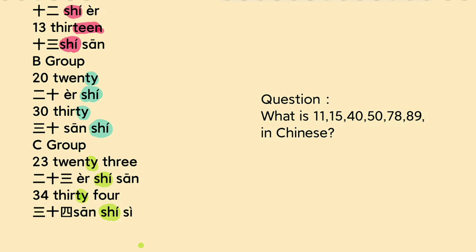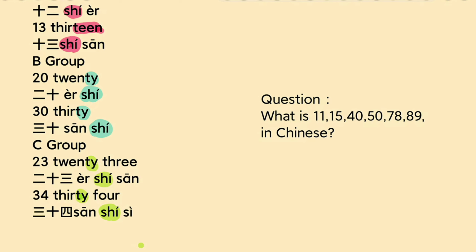And for the C group, it's for numbers like 23, 24. Just like English, we can see that the 'ty' is also in the middle, between 20 and 3, like 23, right? It's similar in Chinese, like 二十三. You use the Chinese pronunciation of 2, then plus 10, then plus the Chinese pronunciation of 3, then you can get 23.